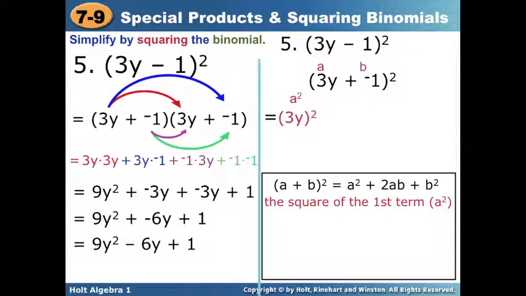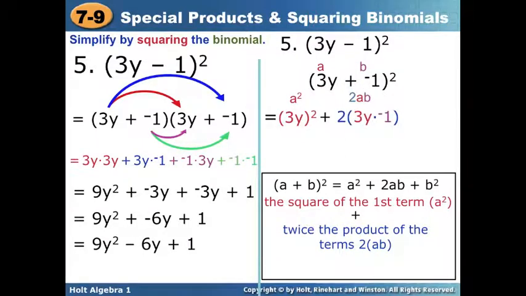The 3 gets squared and the y gets squared. Plus twice the product of the two terms. So 2 times 3y times negative 1. Finally, we're going to add the square of the last term. So negative 1 squared. The negative 1 is our base, so it must be in parentheses.